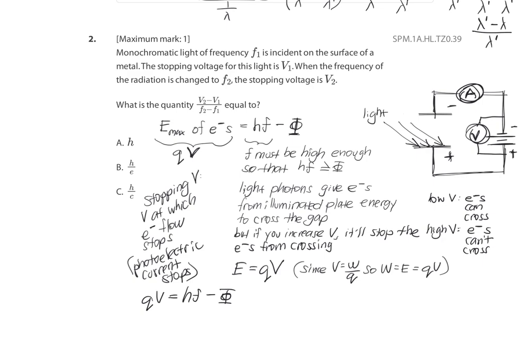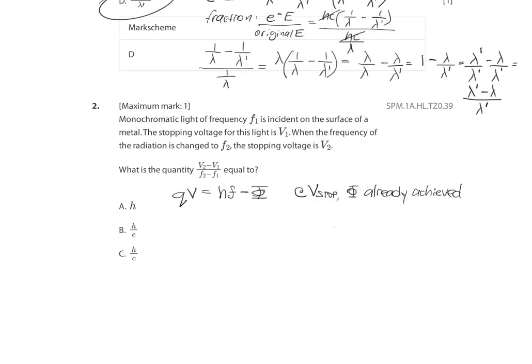Okay, I just used up a lot of space, and now I need my space back. So yeah, we have QV equals hf minus the work function, but if we're talking about the stopping voltage, the voltage at which we stop the electrons from crossing the gap, the work function has already been overcome.